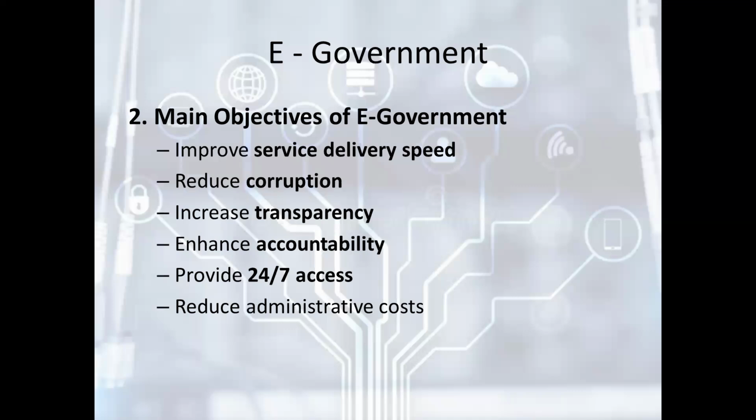You have to go to a proper place to pay the bill. Now the situation is different. You can pay it by a simple click via your mobile phone. So the service delivery speed has been increased due to e-government.